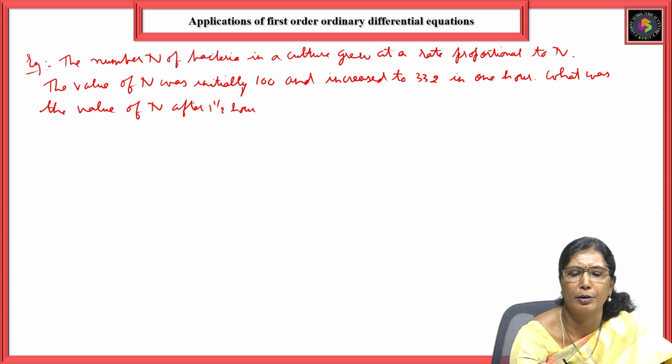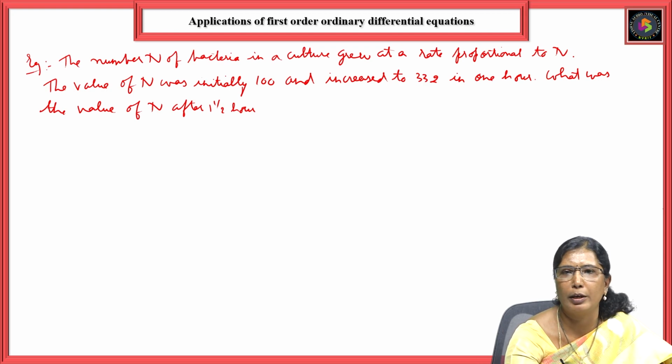Here x is taken as n. The value of n was initially 100. That is, initially means the time is taken as 0. Initially it was 100 and increased to 332 in 1 hour. So what was the value of n, that is the amount of bacteria n after 1.5 hour? We have to find n.